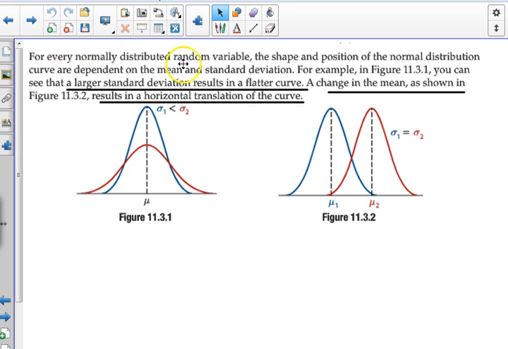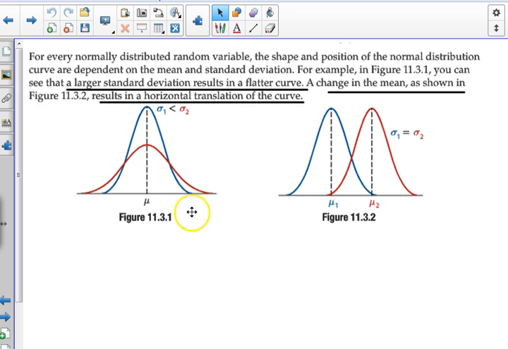For every normally distributed random variable, the shape is dependent on the mean and standard deviation. So this graph right here, the red one would have a smaller mean and a larger standard deviation, meaning it's more spread out. Okay, the bigger the standard deviation, that's how far the data is spread away from the mean.